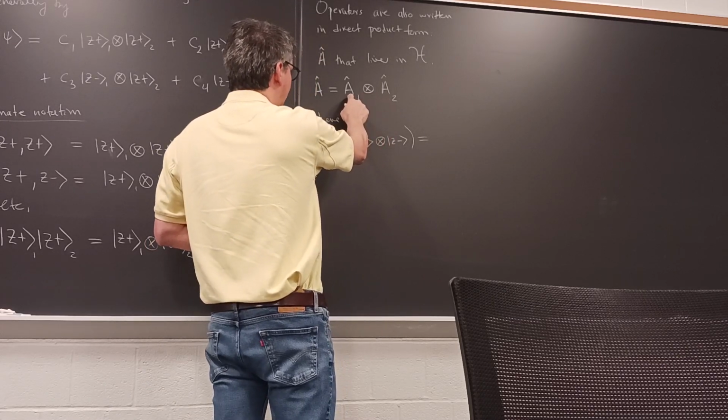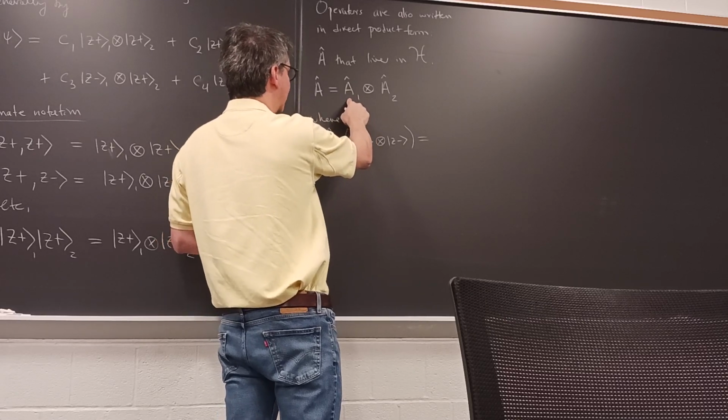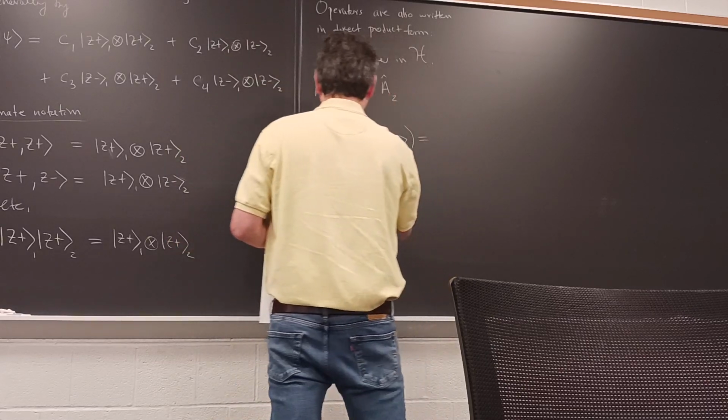So A1, the one on the left, is associated with Hilbert space H1, and it operates only on the first ket, and A2 would operate only on the second ket.